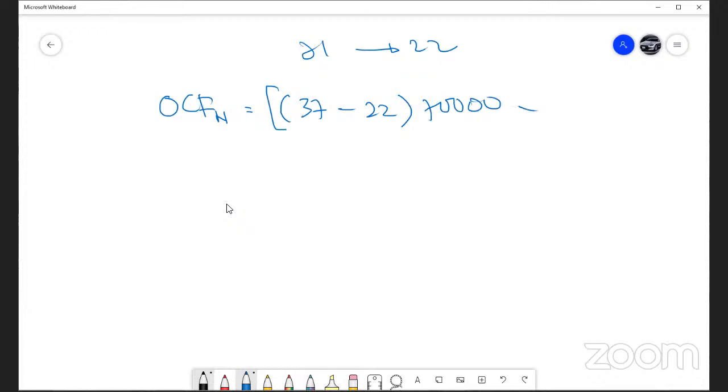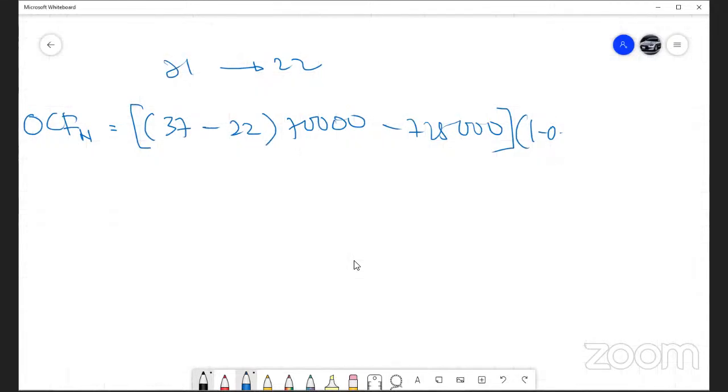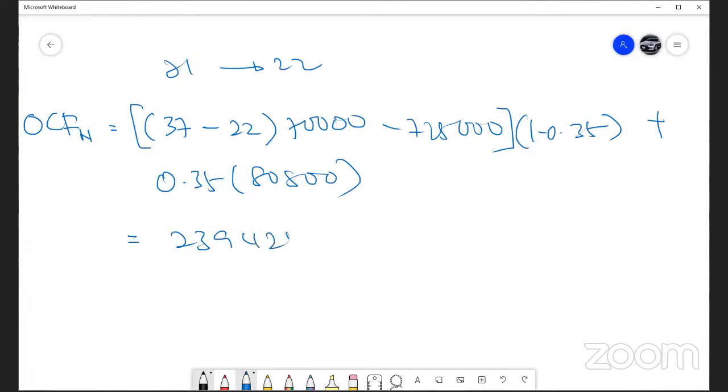Minus 725, same thing, times 1 minus 0.35, plus tax 0.35 multiplied by your depreciation 80,500. So these new changes give you a new OCF of 239,425.